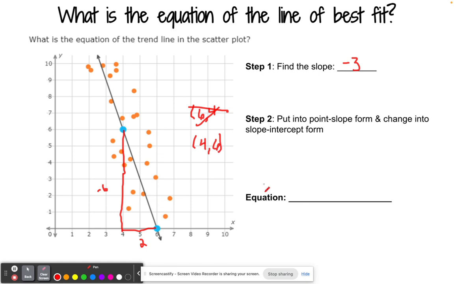This is 4, 6. So, remembering my point slope form, y minus y1, y1 in this case is going to be 6, equals m. My m is my slope, or negative 3, times x minus my x value, which is 4.